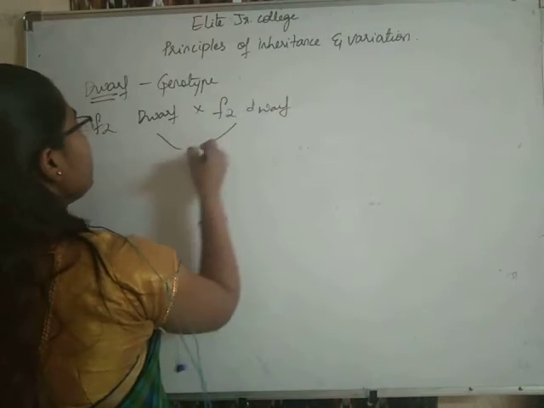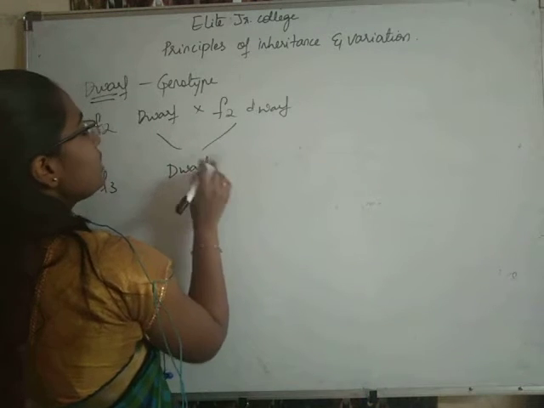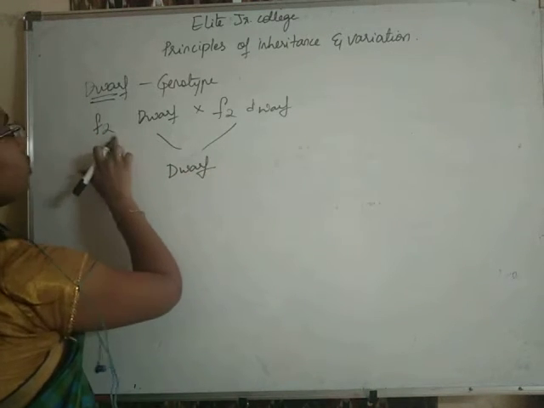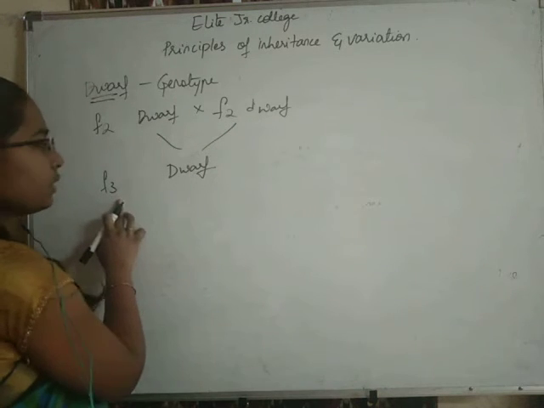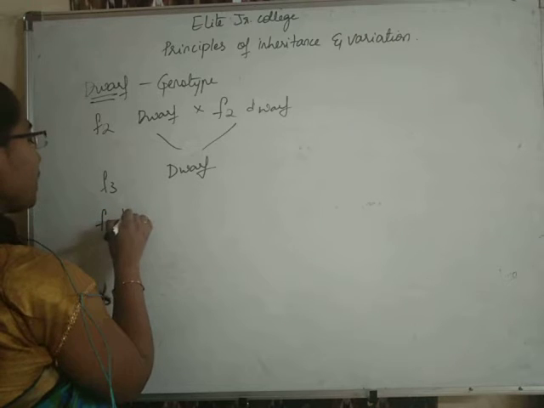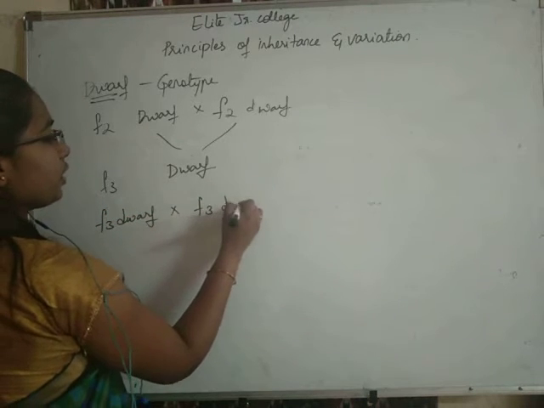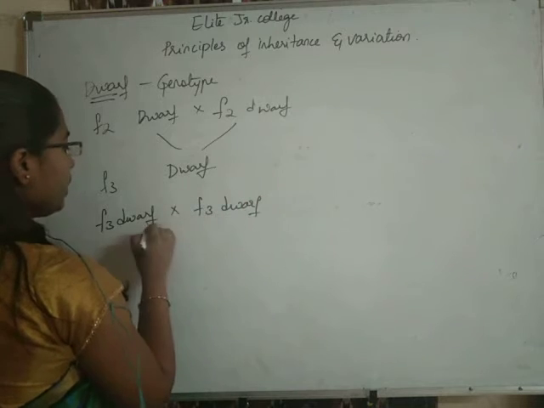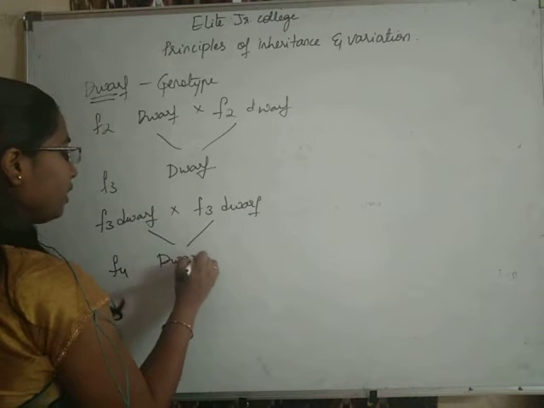Then all the individuals in the F3 generation were found to be dwarf. Mendel did these crosses. He crossed F2 dwarf to F2 dwarf and observed that all the F3 individuals were dwarf. Then he crossed F3 dwarf with F3 dwarf, and he observed that in the F4 generation also all the individuals were dwarf.